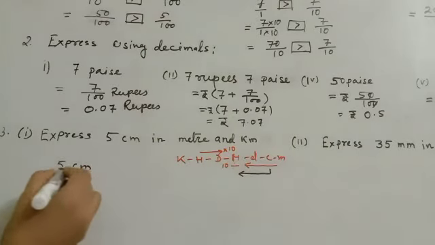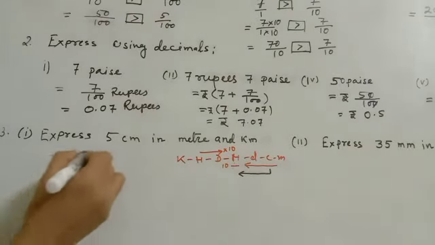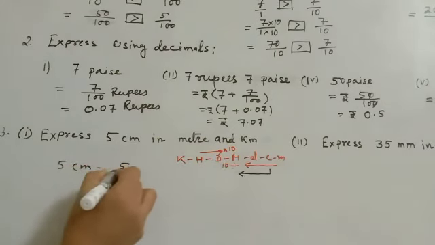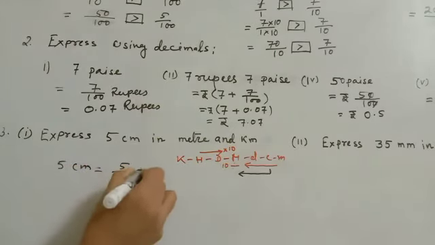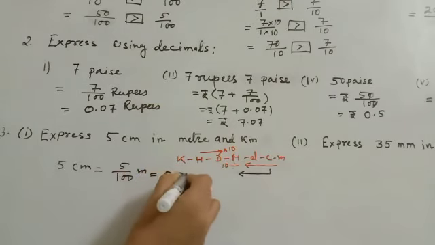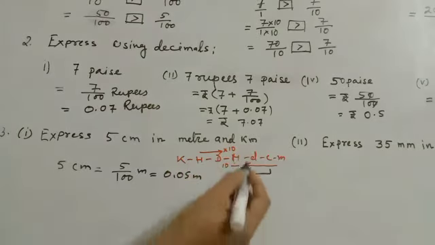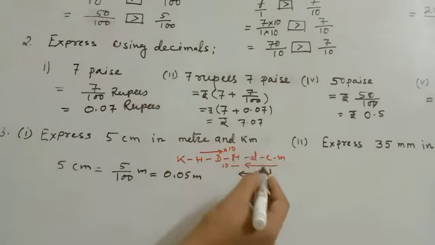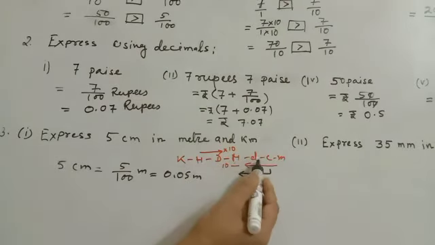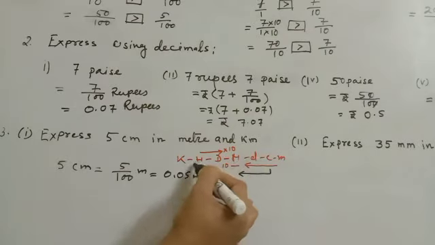So 5 centimeter, when you are converting into meter, means 5 by 100 meter, that means 0.05 meter. Now when you are converting into kilometer, how many places are you moving? 1, 2, 3, 4, 5.